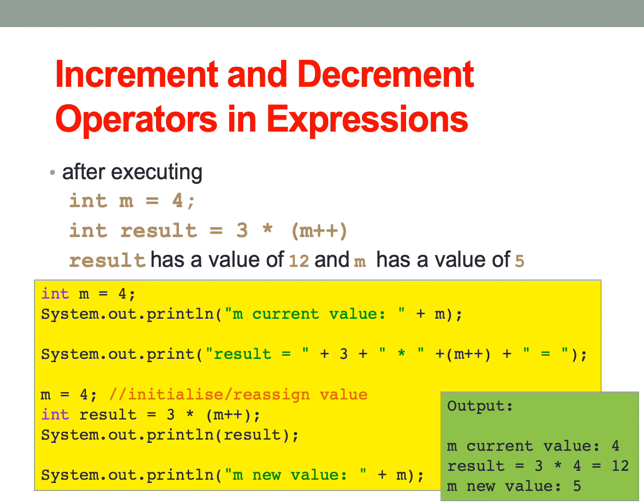Similar to the previous code, over here I have changed from ++m to m++. If you run this code, you will get the output as shown here, where m's current value is 4, result of 3 times m++ is 12, because we get it from 3 times 4. And finally, the value of m after the post-increment will show as 5.